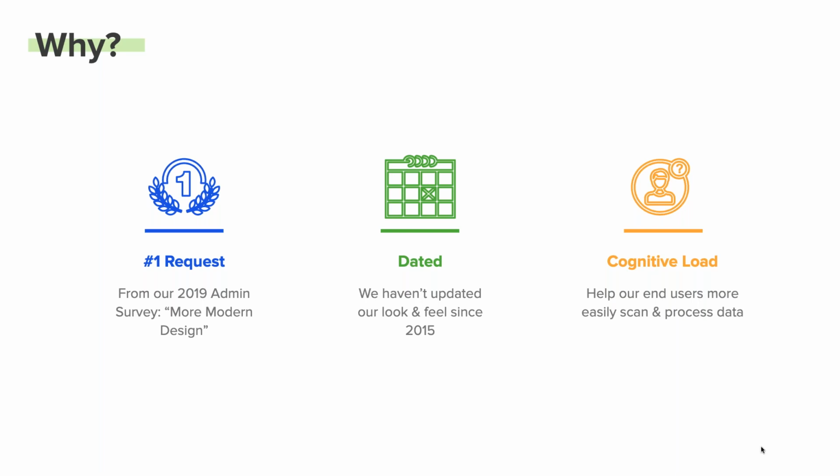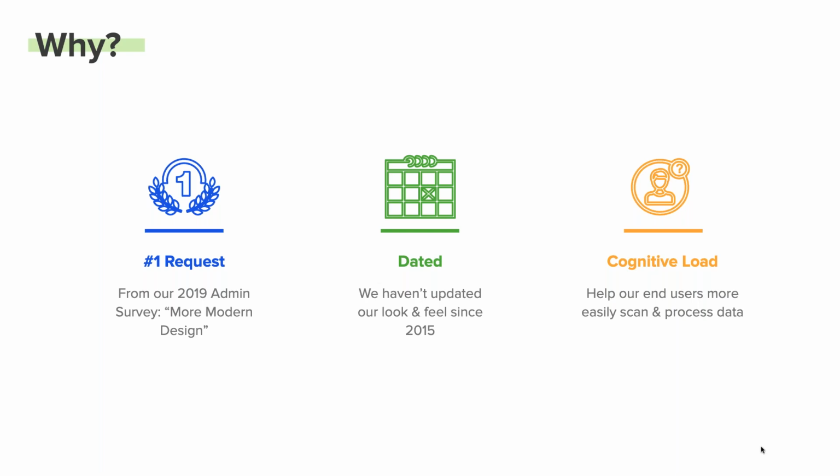The next thing we really heard about was the cognitive load. When we talk about cognitive load, what we really mean is that in TrackVia today, when you're looking at a dashboard or you're looking at the product, there's a lot of data. There's a lot of data that's compressed really hard into a small space on your screen. And sometimes it can be hard to scan and understand what's going on in that data.